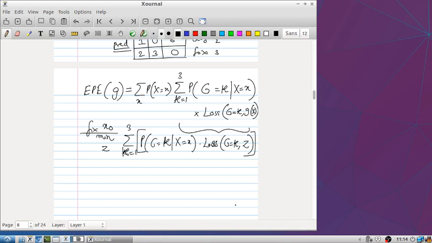For that z, for that k, this term is going to be 0. So the intention to minimize loss is to just pick that z for which this number is the highest.